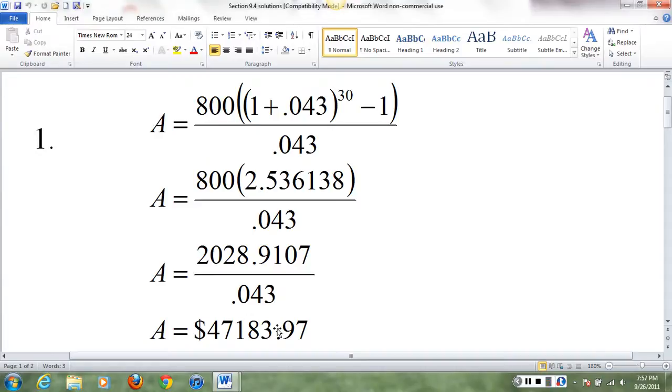And then it's just a matter of doing the math. Make sure you follow order of operations. You do 1.043 to the 30th first, then subtract 1, then multiply by 800, and then lastly divide by 0.043 to get approximately $47,183.97. And that would be the future value of this account.